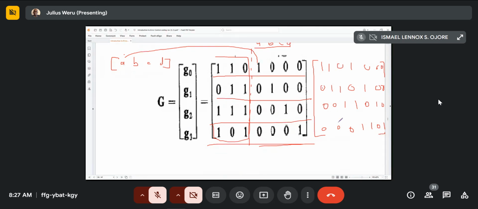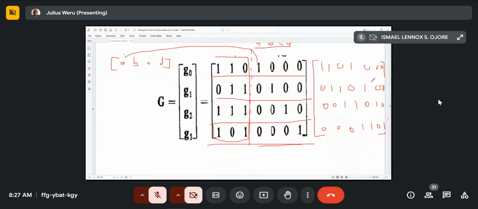They are linearly independent. So the code you produce with this one would be cyclic, because you can see the rows are just shifted. When you shift the bases in the row to the right, we create another row: 1101, 1101, 1101, 1101.